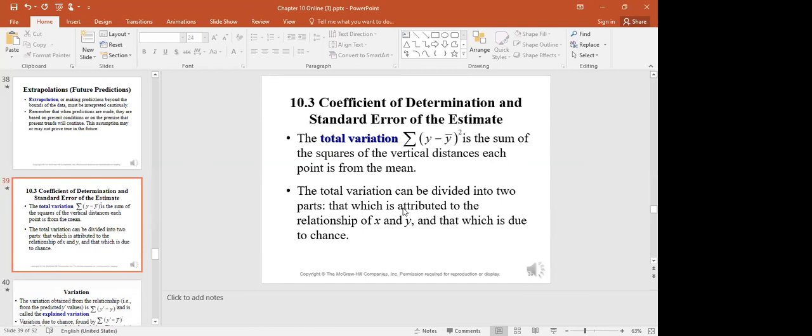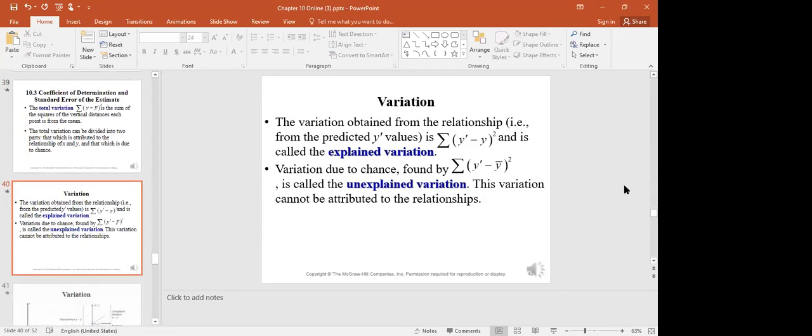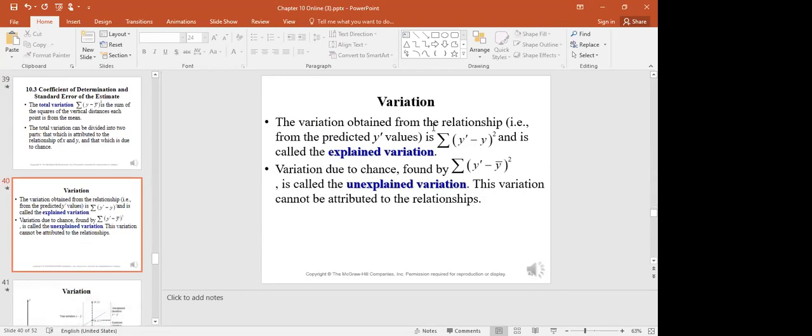In computing the variance of a variable, we usually first find the sum of the squares of the deviations from the mean, which is called the total variation. If we have our regression line, y prime, the explained variation is y prime minus y bar.